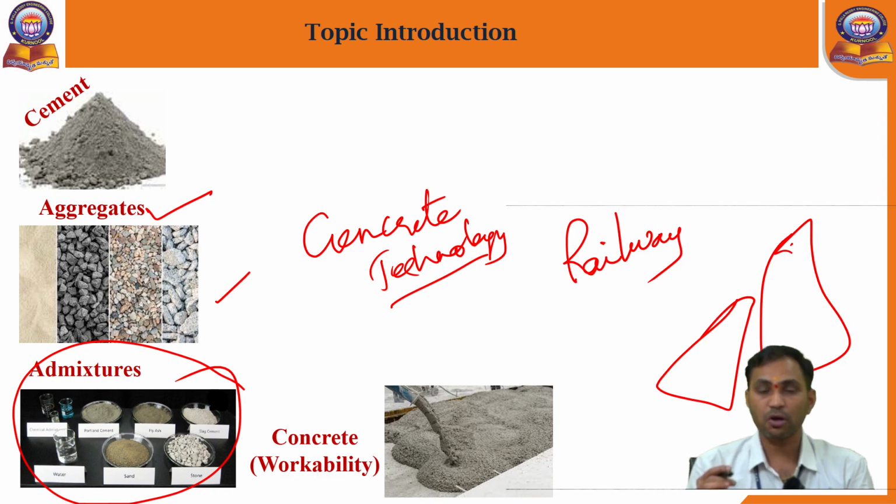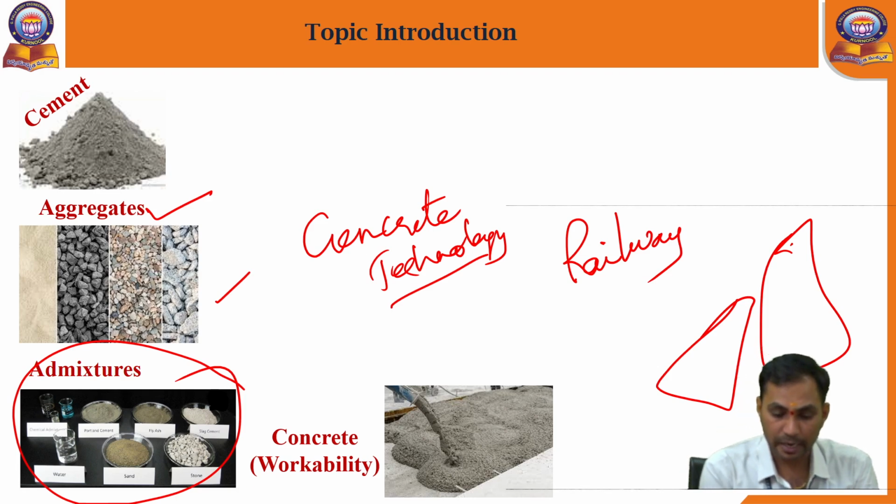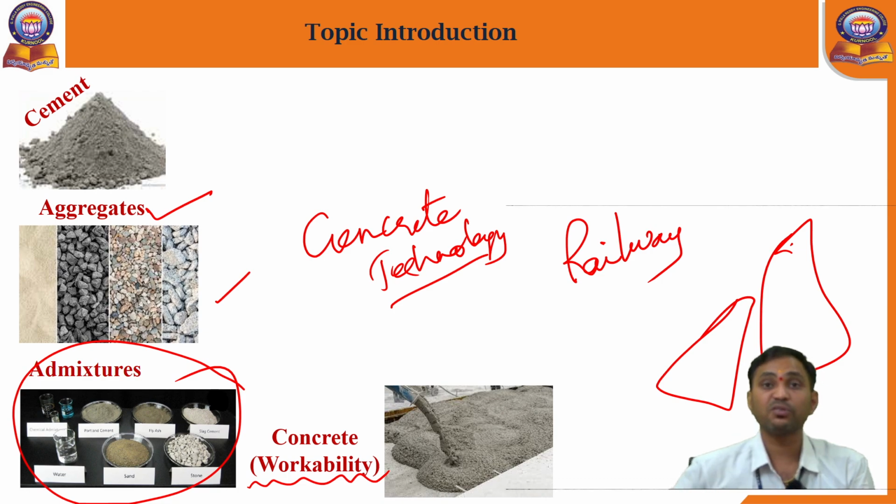Fresh concrete means concrete at the time of its preparation, and another name for fresh concrete is workability. The tests conducted for fresh concrete workability that we are going to discuss are the slump test, compaction factor test, VB consistometer test and flow table test.